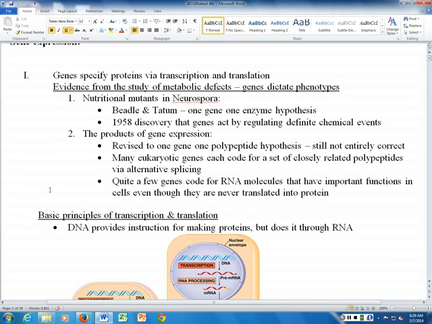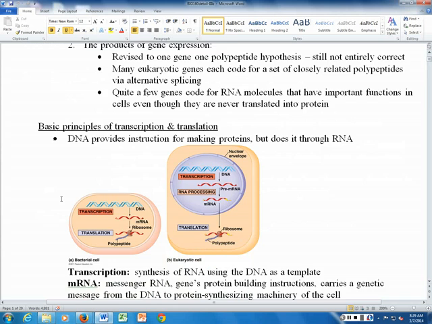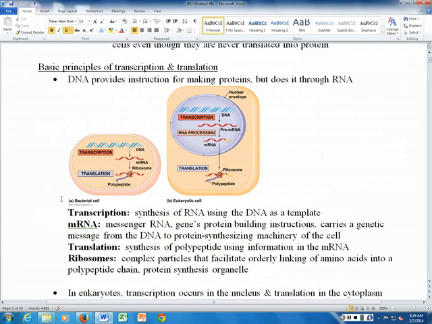So the process has actually been modified a little bit from what we thought over the years. Your DNA is going to provide the instructions for making proteins through an RNA. If you're a prokaryotic cell, you start with your DNA and make an RNA copy of it doing transcription, and then you use the mRNA to make a polypeptide through translation, and it all occurs in one cavity because that's all you have.